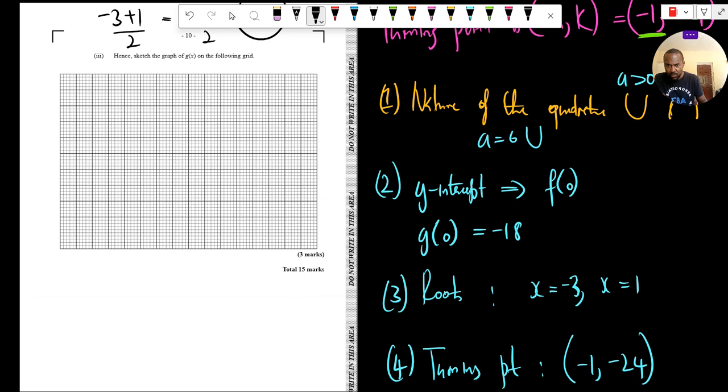Can't even count these things. So that's my y-axis there.